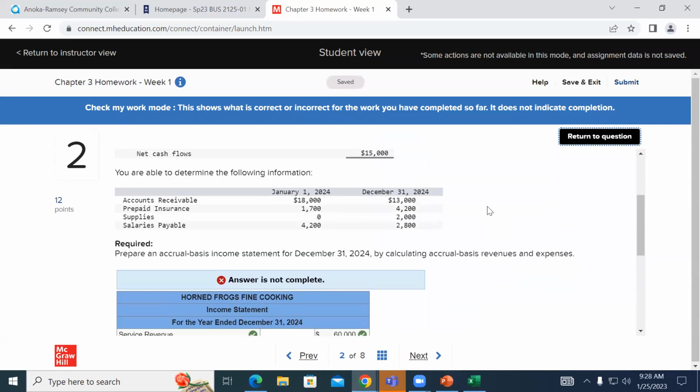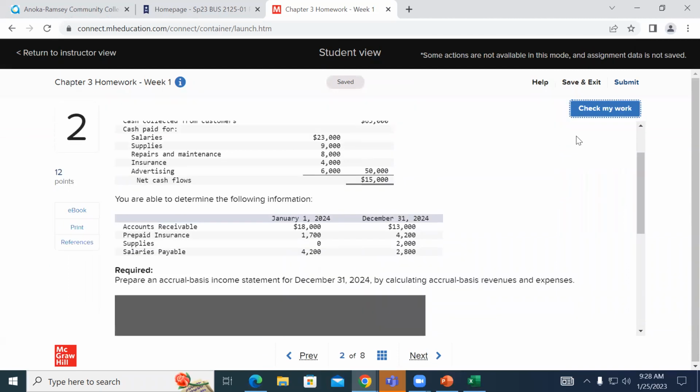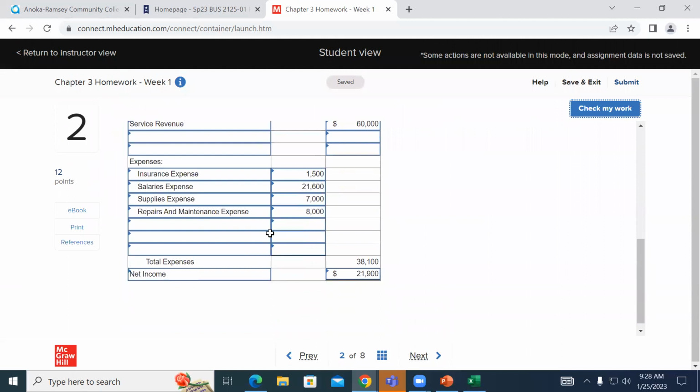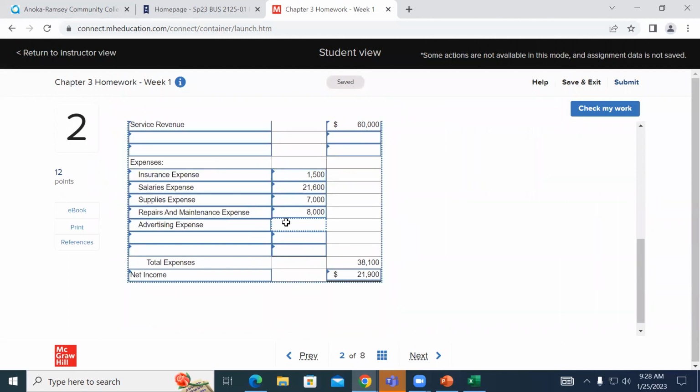Are we missing an expense? Advertising expenses. Oh, thank you. Yes, advertising of 6,000. Advertising expense, 6,000. So 60 minus 44.1 is what, guys? 15,900. Thank you, guys.